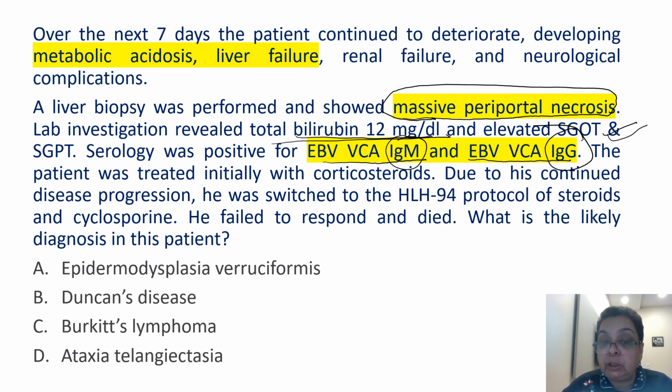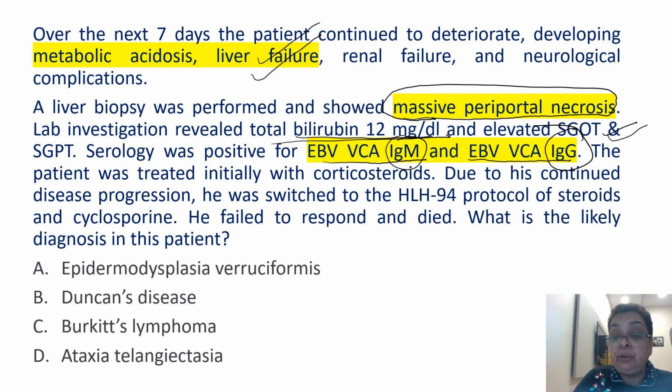The patient was initially treated with corticosteroids. So here, what is going to make you think of what could be the diagnosis? It's a primary EBV infection, but along with that the patient has become very, very sick. He has developed fulminant hepatitis, and that is leading to liver failure.